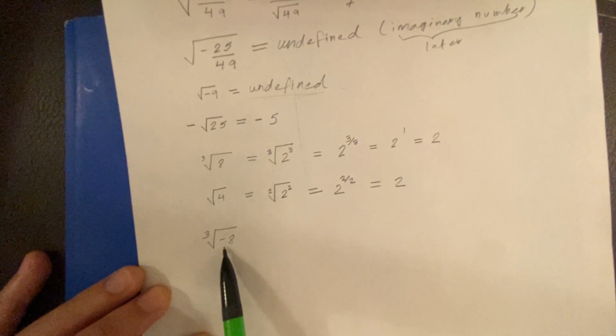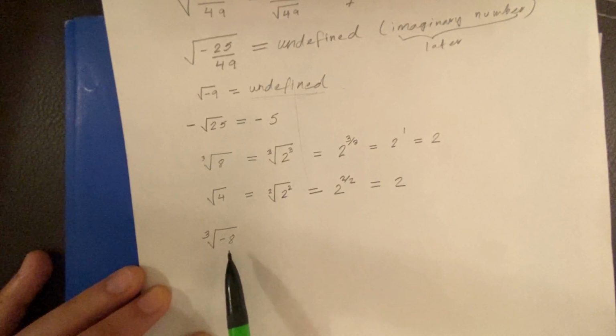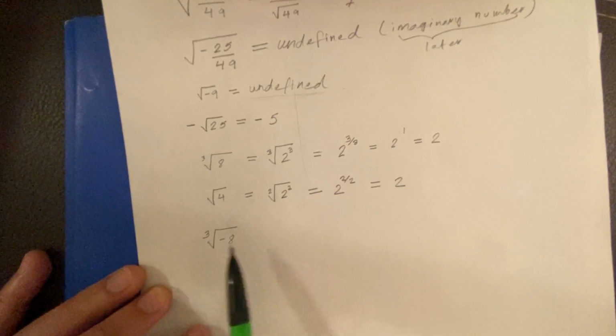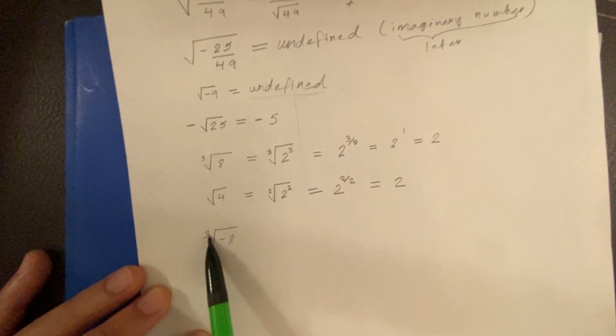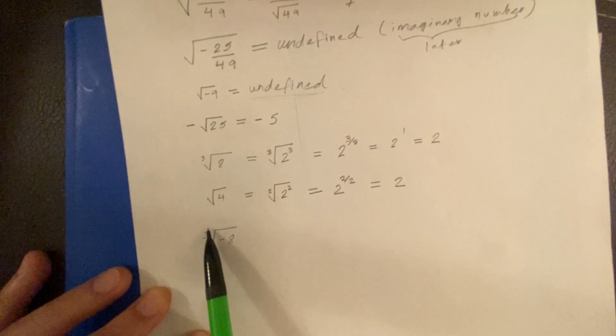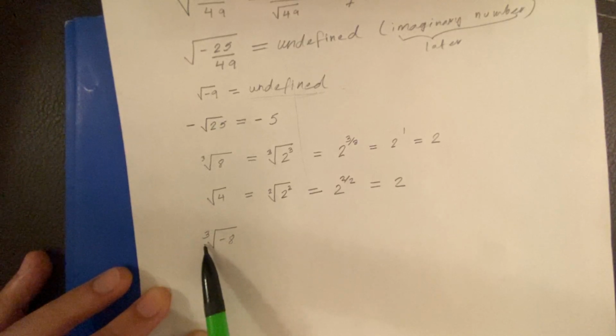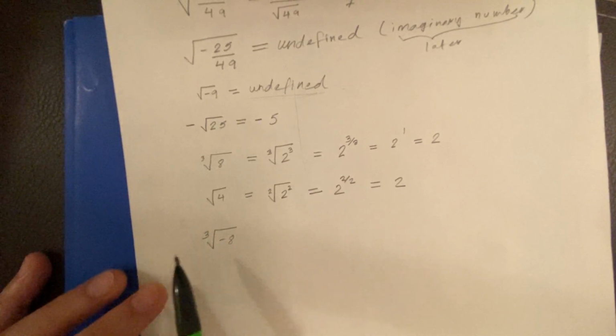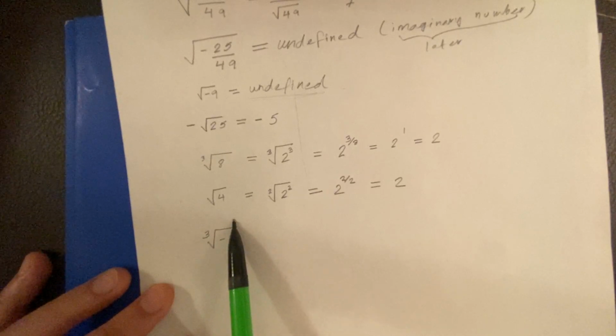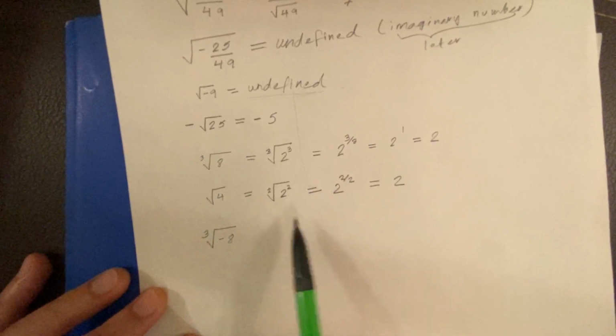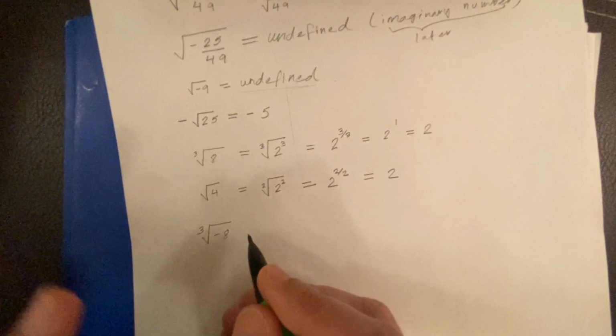Well, in this case, it's possible. All right, so basically, if you see any odd number here, or the index is odd, then the value is possible. So the value of this whole thing is possible. So let's see how this is possible.